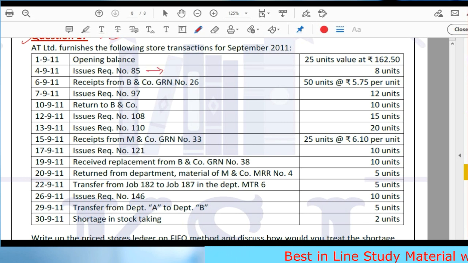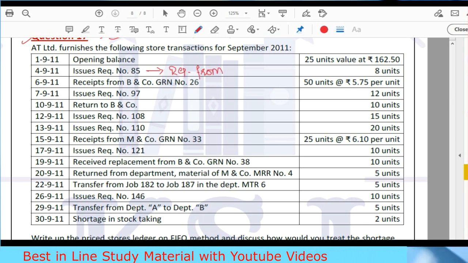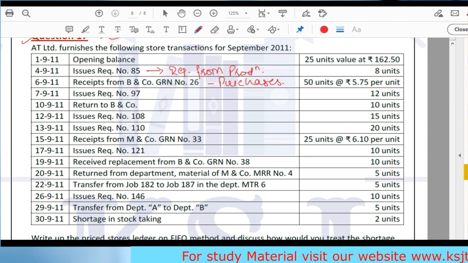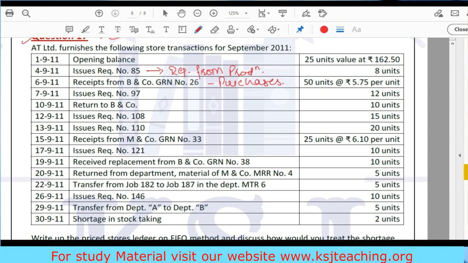Then receipts from B and Company, GRN number, this is your purchases. Then issue requisition, then return to B and Company, issue requisition, receipt from M and Company, again your purchases.